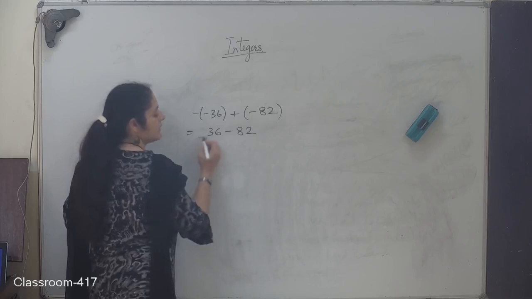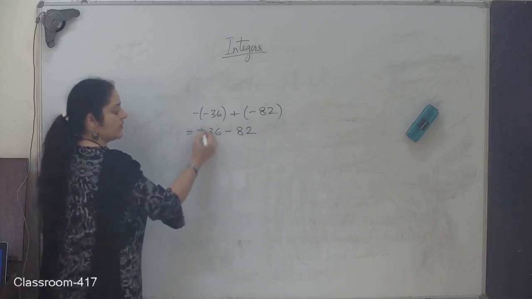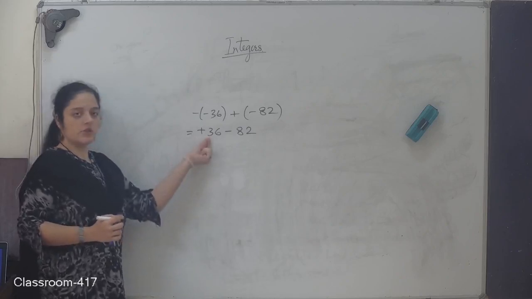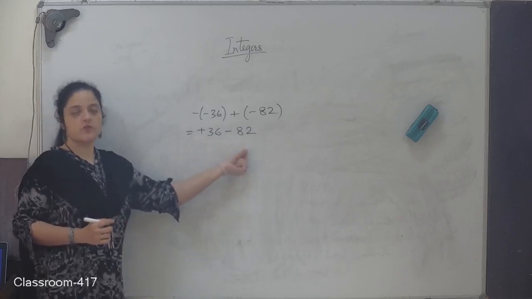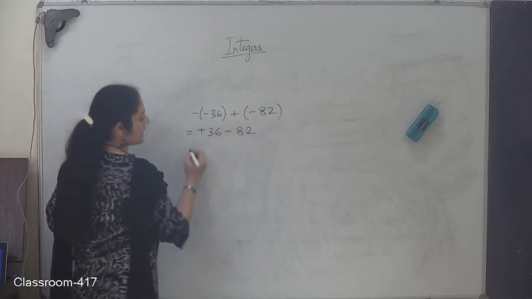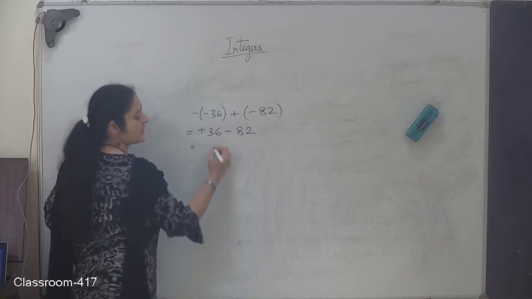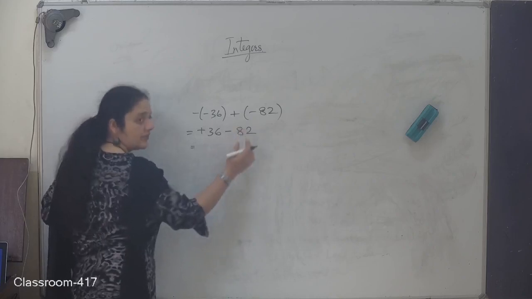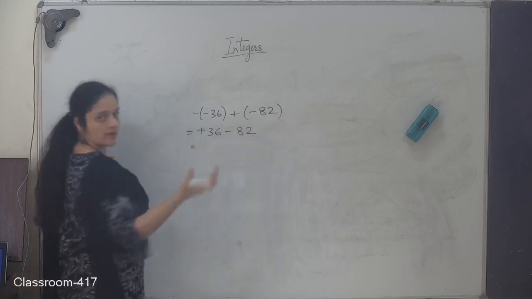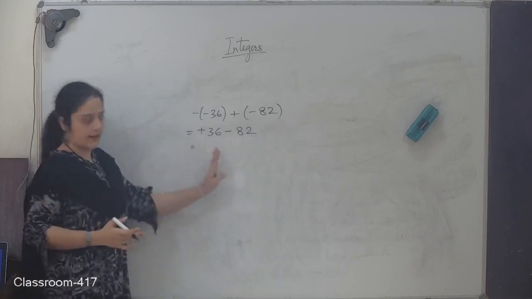When there is no sign, then obviously there is a plus sign here. So one integer is positive, one integer is negative, so we will not add, we will subtract the two.